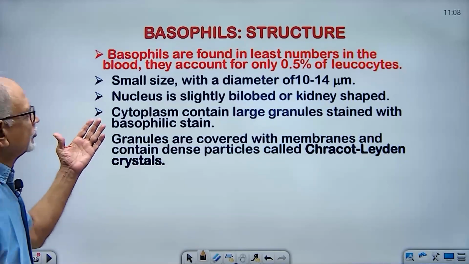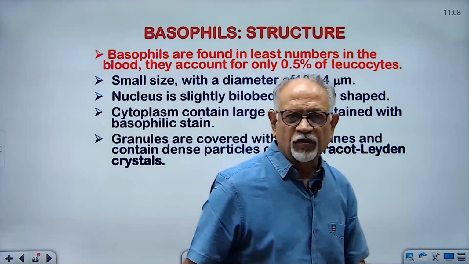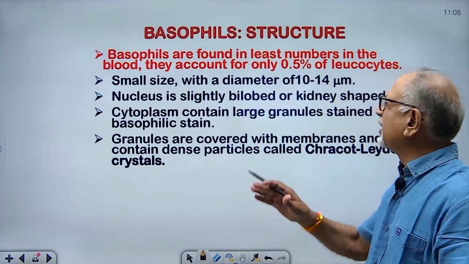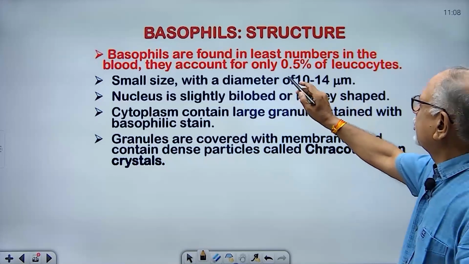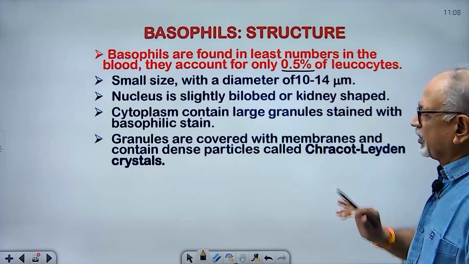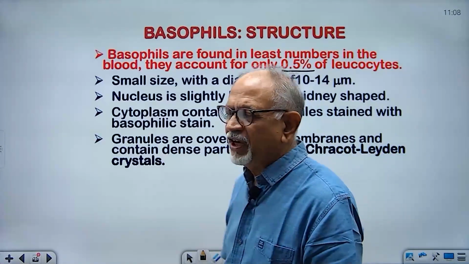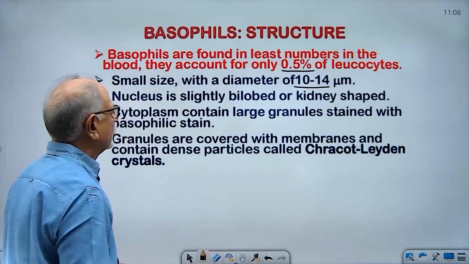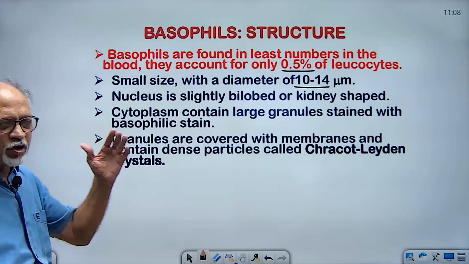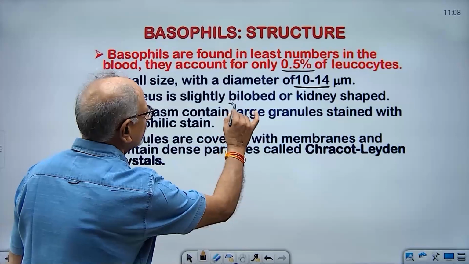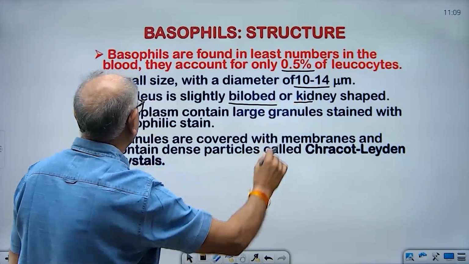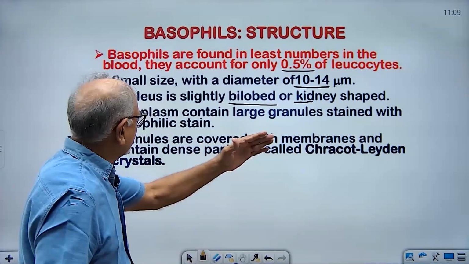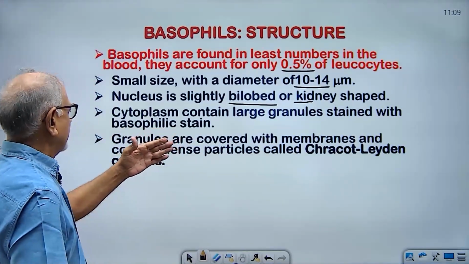Now, basophils. Basophils are the granular leukocytes which are found in the least number. They are only 0.5%. They are smaller in size and they measure about 10 to 14 μm in diameter. Nucleus is slightly bilobed. It is kidney shaped. Then cytoplasm contains large granules which are stained with basophilic dyes.